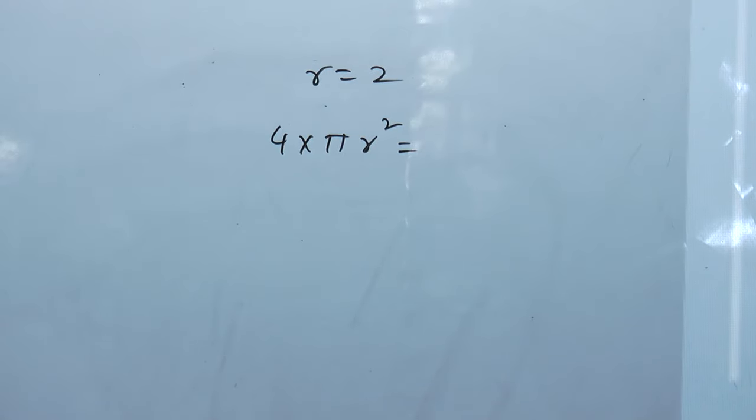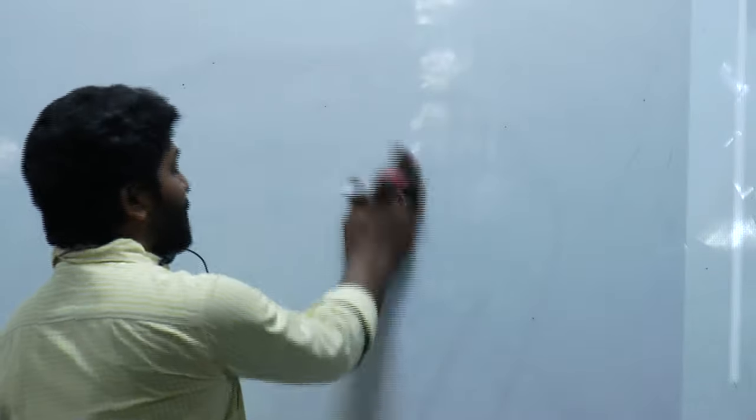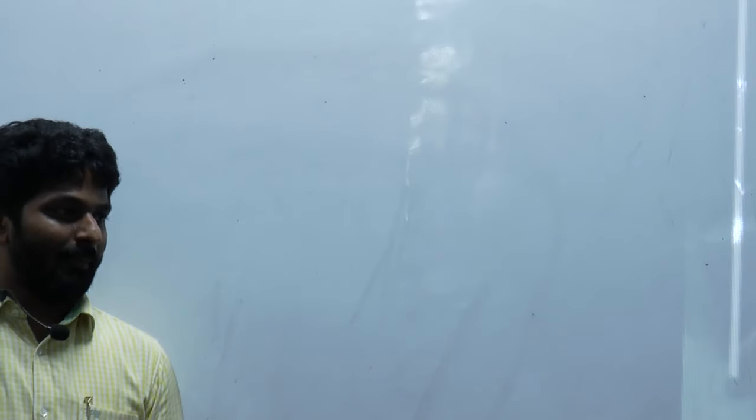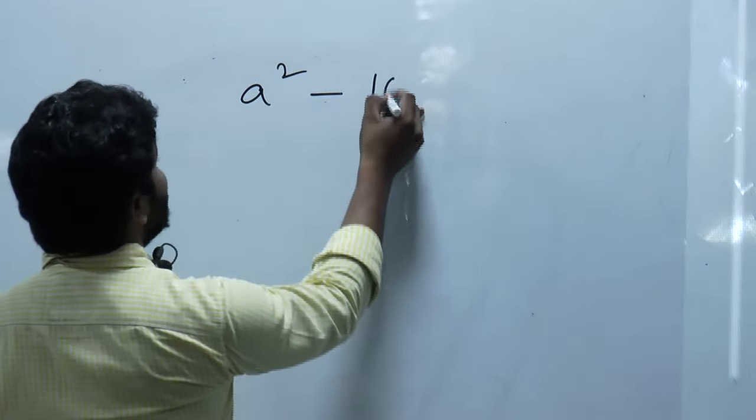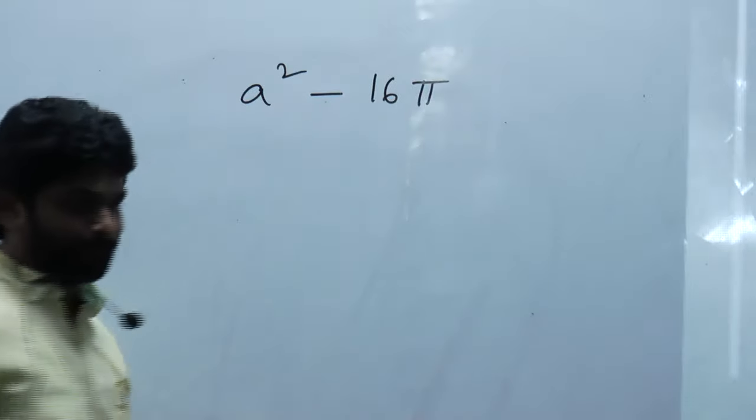In the same question, if you are asked about the area of the square which is not covered by coins, how will you calculate? Square area minus 16 pi.